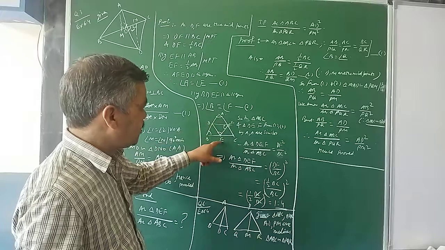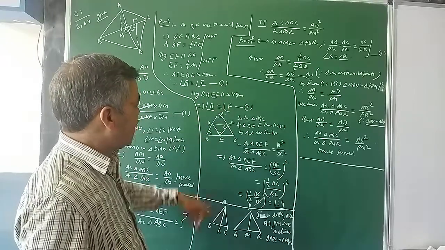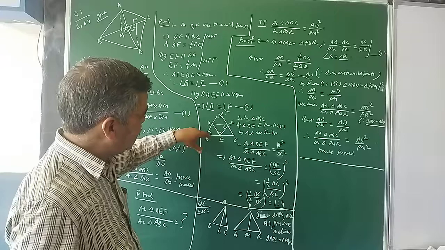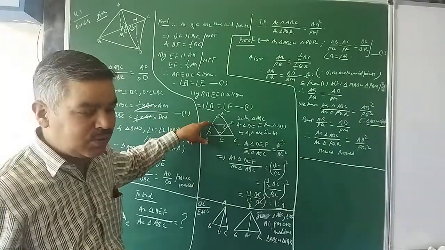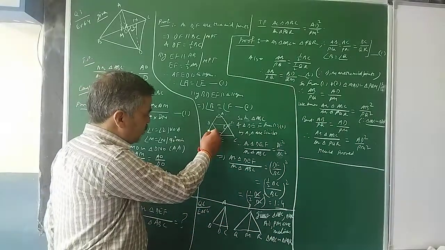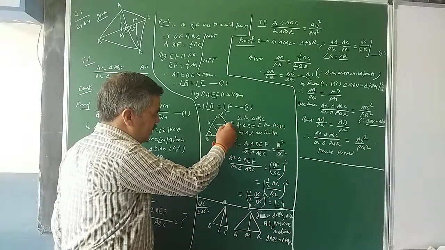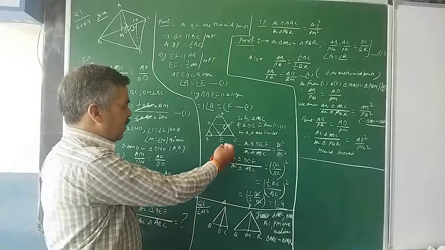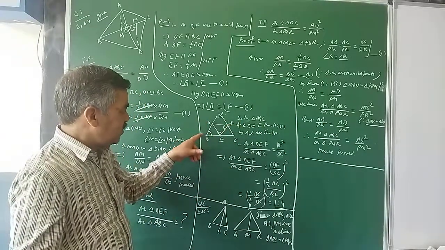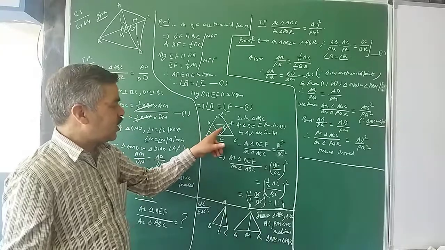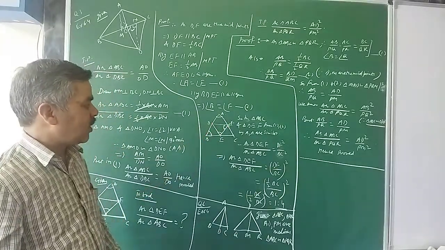And similarly, you said DBEF again is a parallelogram by the application of midpoint theorem. Again, you can conclude that this angle B will be equal to this angle F there. Why? Again, you are saying this DBEF is a parallelogram. So these again are the opposite angles of the parallelogram.